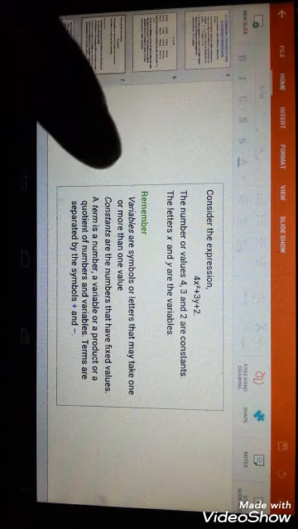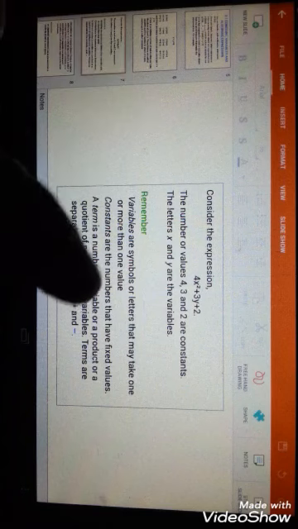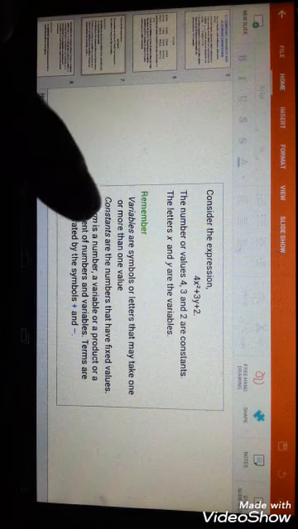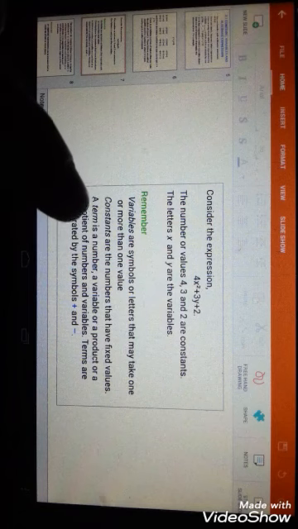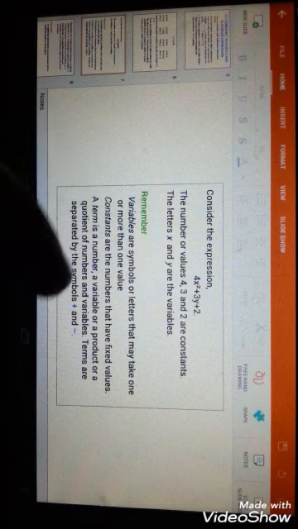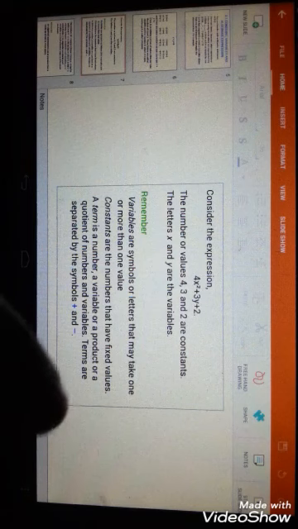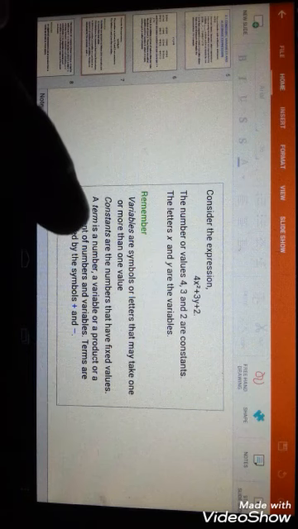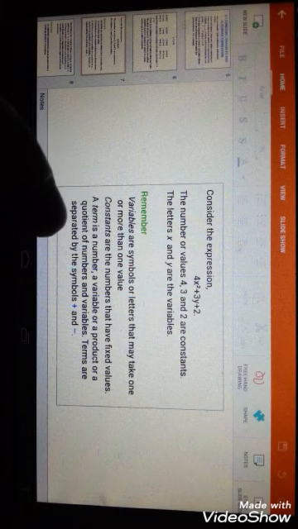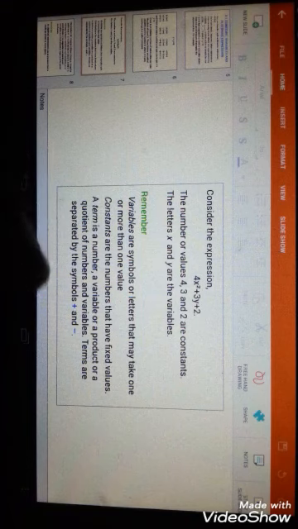Always remember that variables are symbols or letters that may take one or more values. Constants are the numbers that have fixed values. A term is a number, a variable, or a product or quotient of numbers and variables. Terms are separated by the symbols positive and negative.